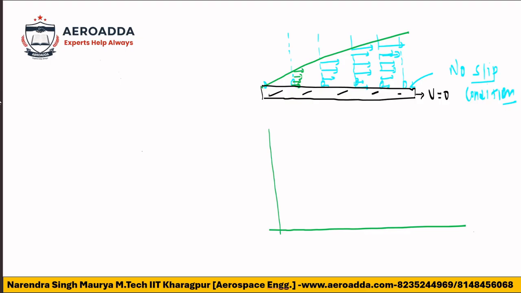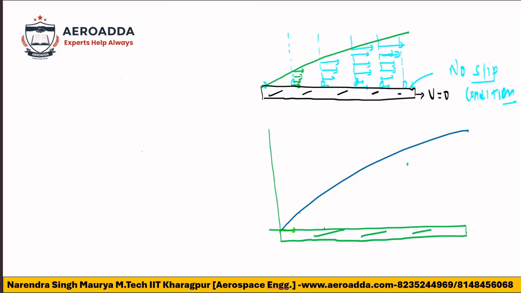This is called the velocity distribution over the surface of the plate. This is nothing but the plate here. If you see the formation of the boundary layer, the velocity is zero on the surface, everywhere zero, but it starts increasing.